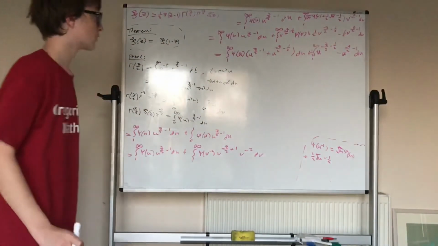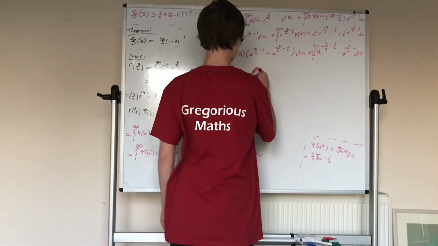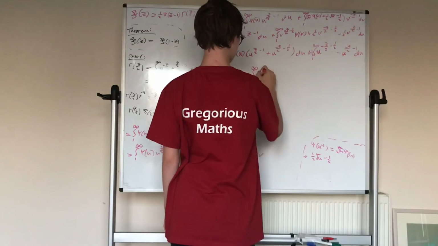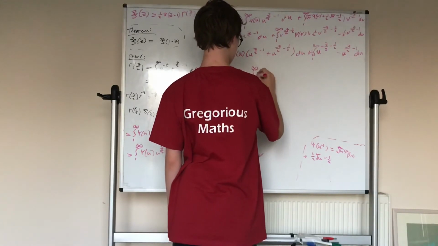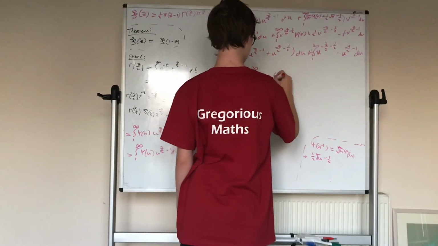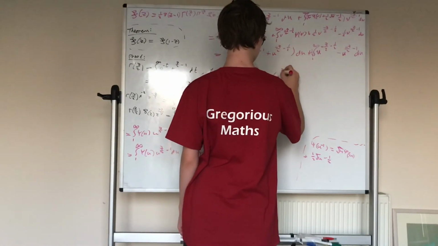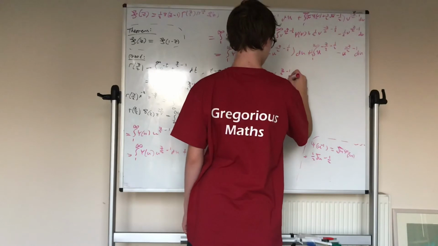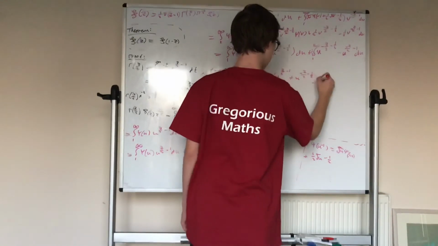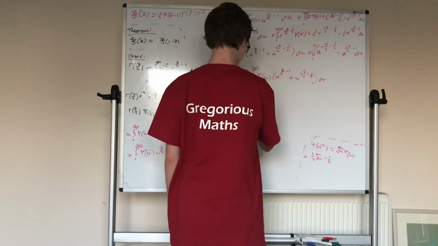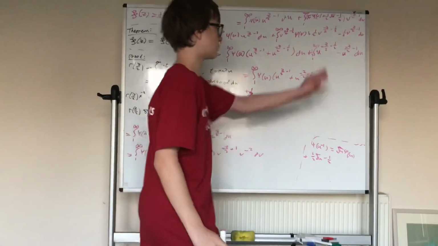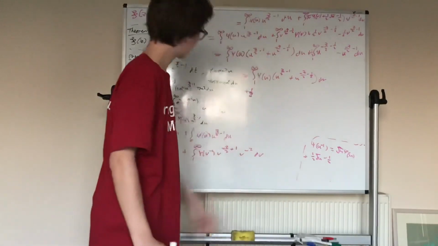Now, this equals right here the integral between 1 and infinity of c of u times u to the z over 2 minus 1 plus u to the negative z over 2 minus a half du, plus 1/2 times, well, this is just a simple u substitution.